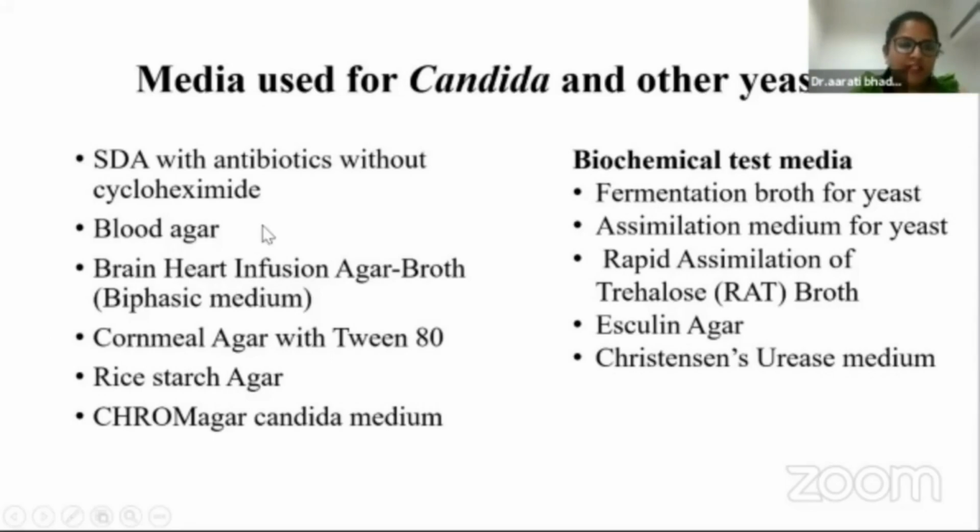Then blood agar, Brain Heart Infusion agar, broth, and we can use a biphasic medium also in blood culture. Then cornmeal agar with Tween, rice starch agar, CHROMagar Candida medium. These media can be used for growth and primary culture.